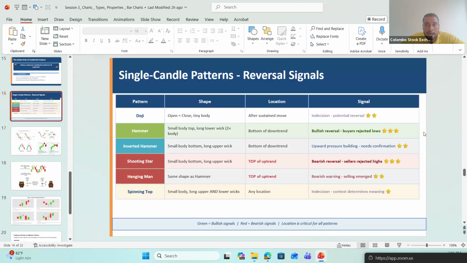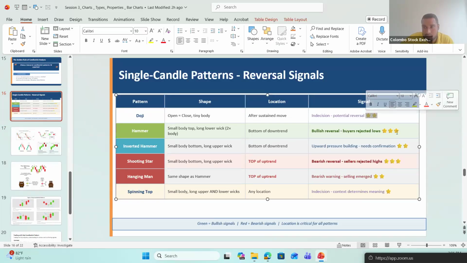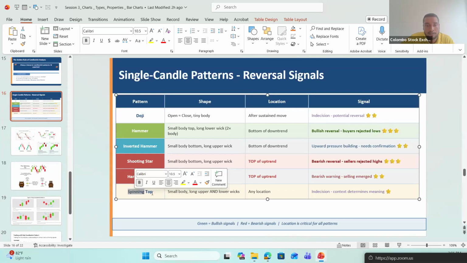here is also a clear guide for how you can use these candlestick patterns. And here you see the stars now. These stars mean the strength of that particular pattern. So here you see one star for spinning top. That means even if you spot a spinning top, that could be a weak signal.